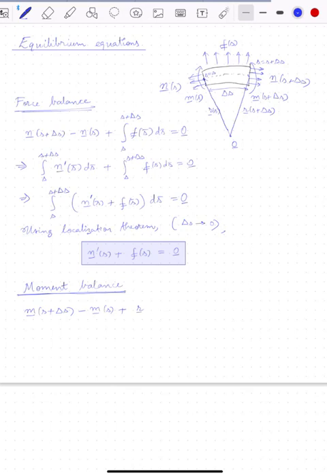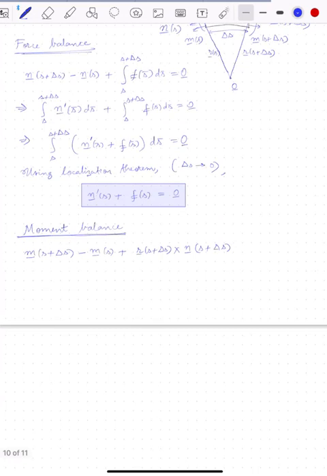So we'll have r vector of S plus delta S cross, and this is the moment arm of the force, n vector of S plus delta S. And then we'll have minus r vector of S cross n vector of S. And finally, we will also have the moment due to the distributed load f vector.